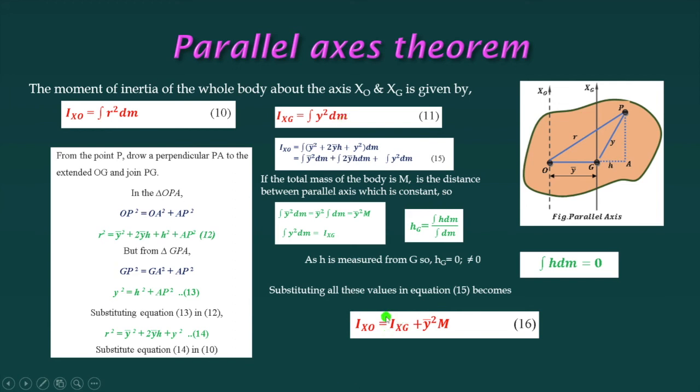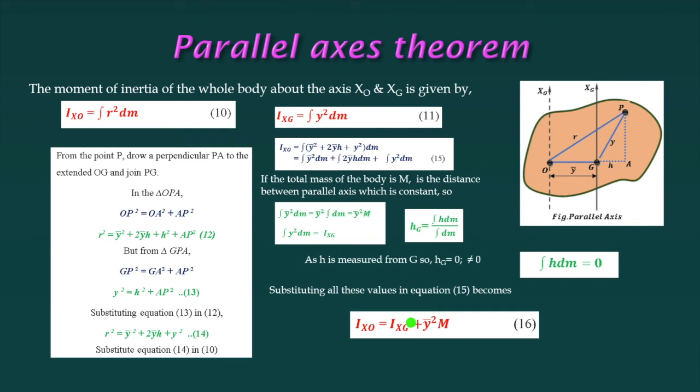If any of these values is known, say we know IxG, the mass moment of inertia of the rigid body about the centroidal axis, which is called the centroidal axis as it passes through the centroid G, and we also know the distance between these two parallel axes, y bar, and the total mass m, then we can get the mass moment of inertia with respect to the x axis by this equation.